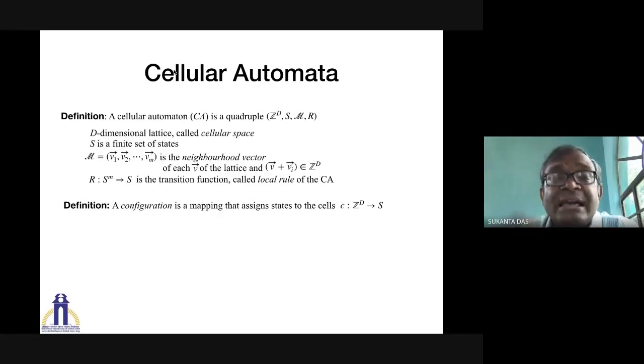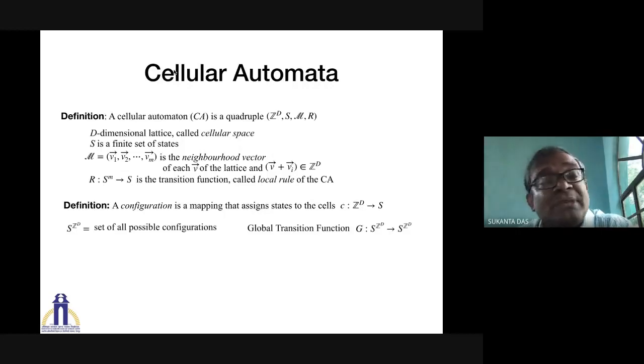So when we assign some state to the cells, then we get a configuration. So mathematically, a configuration C is a mapping from Z to the power d to S, right? So actually, the function C assigns states to all the cells of the lattice Z to the power d.